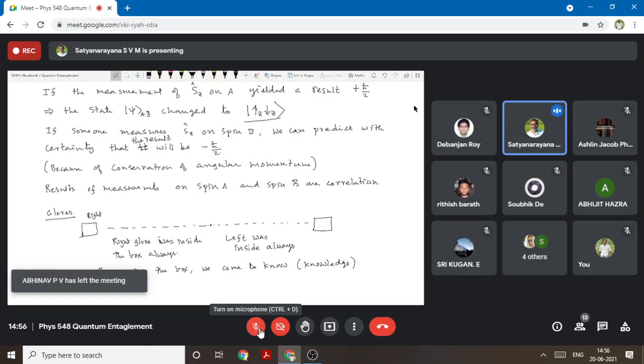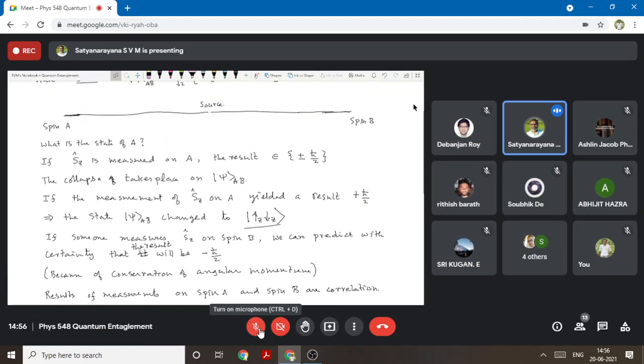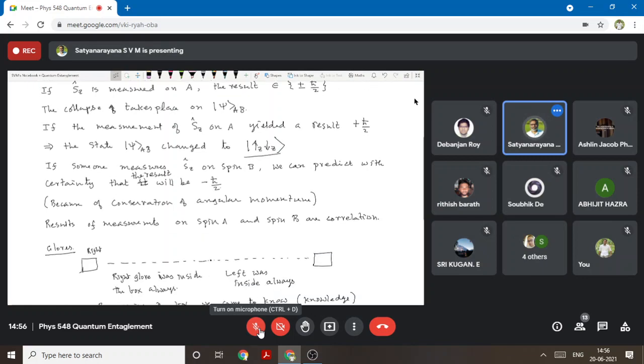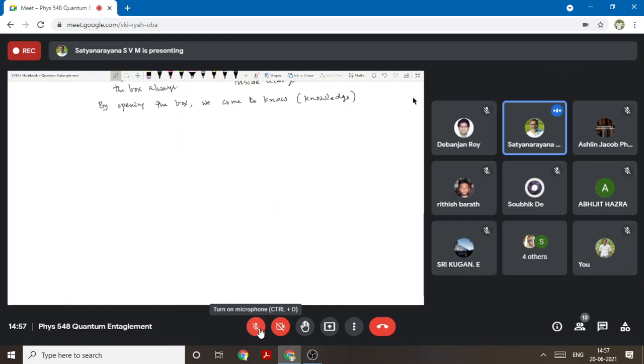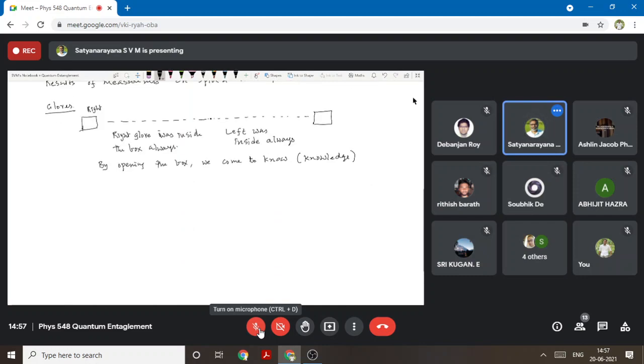Now, this situation is different from this. In what way is it different? Quantum mechanics tells you that we cannot say that always. Usually we give the names Alice and Bob to these two characters.